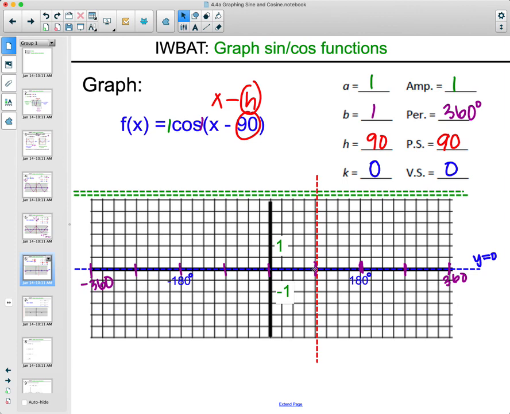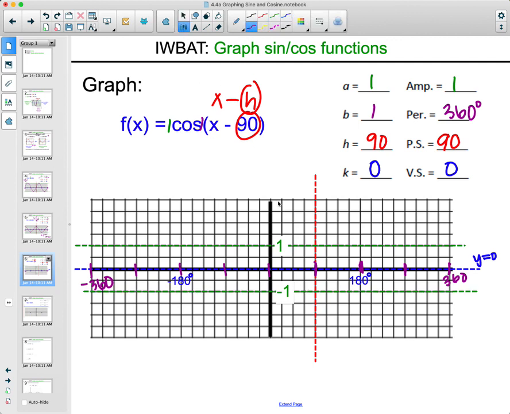So 180, half 180, 90. So we're going to shift over here. So now we're going to be starting on this red line. Amplitude, 1. So 1 above and 1 below the midline. So now you're starting here, on the red and the blue line. That's where you're starting to do all of your cosine things.